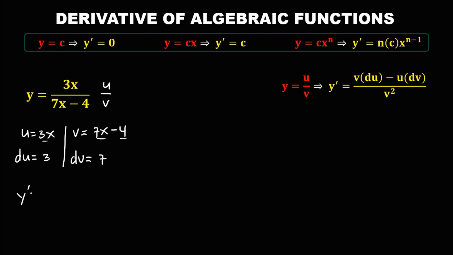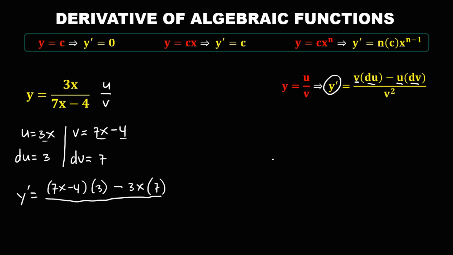Then to find the derivative from this formula, we have v. v is 7x minus 4 times du. du is 3. Then minus u. u is 3x times dv, and dv is 7.